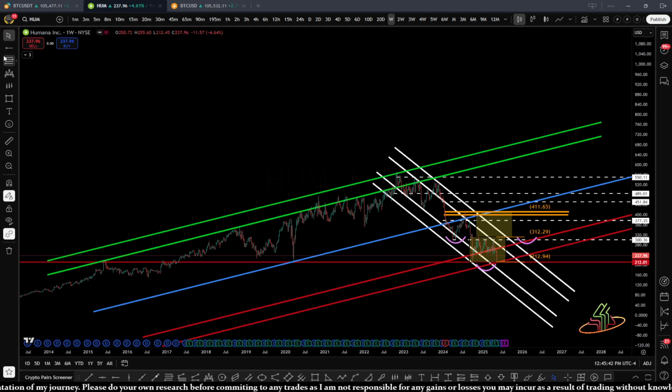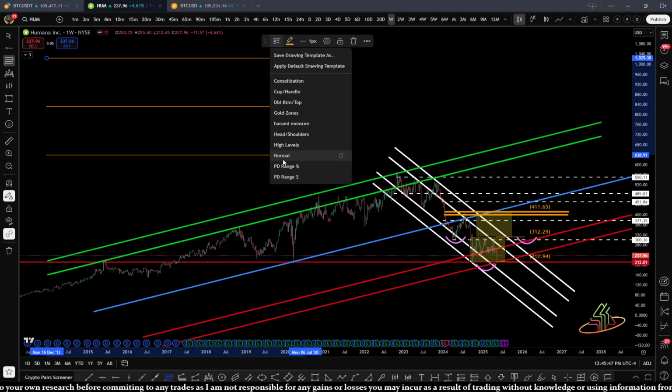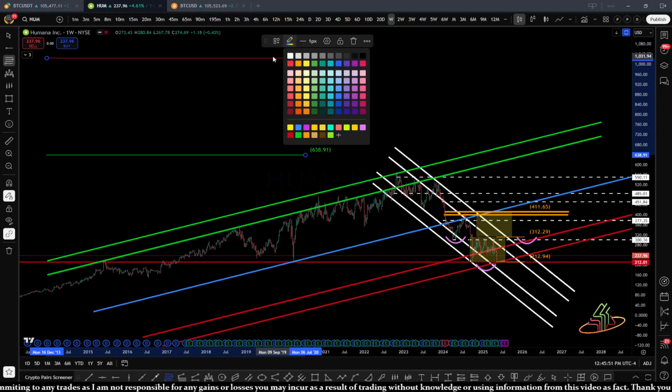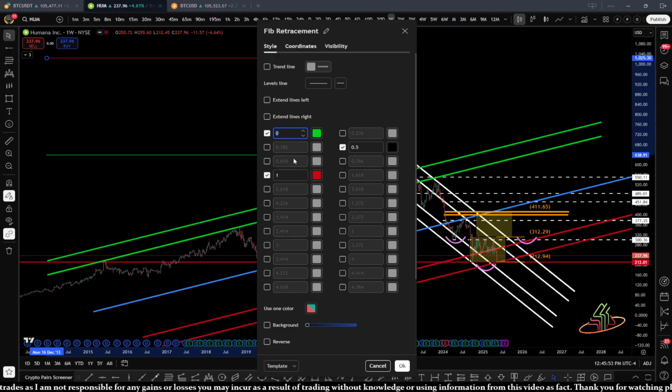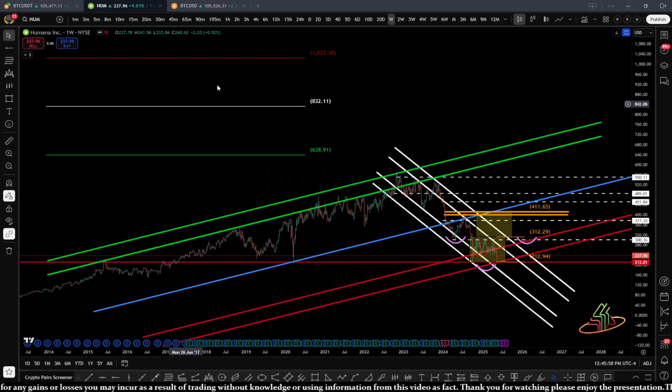So the premium discount range would be this, right? Where you have the discount range where you buy in. This is the median, and then this is the premium range. This is the range that you want to sell in.